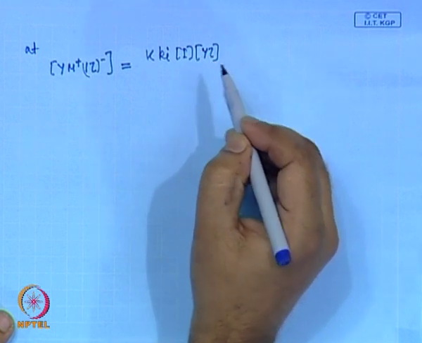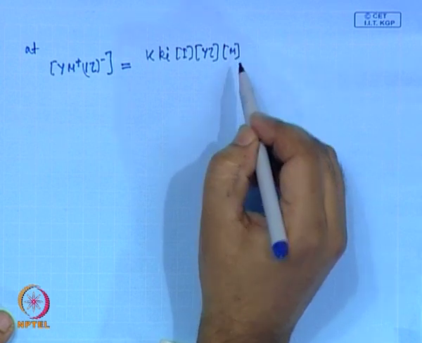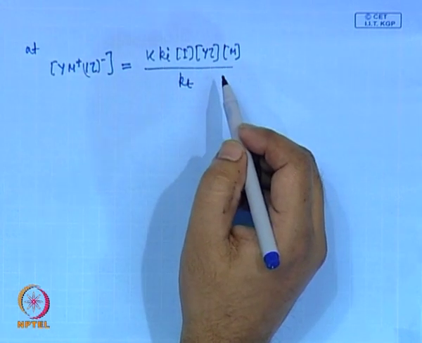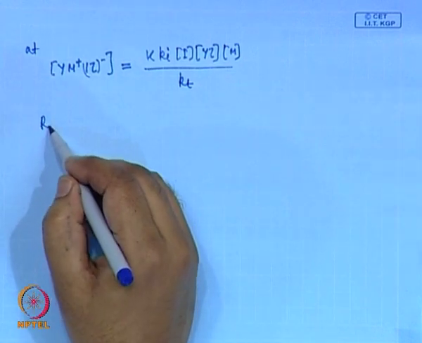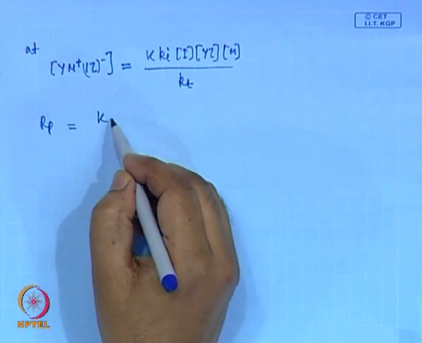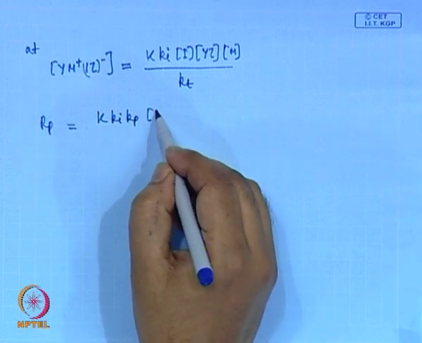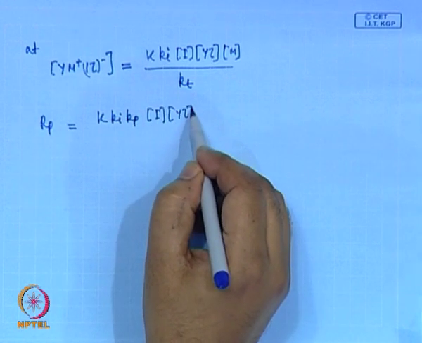We have used a similar approach in case of radical chain polymerization. So, we get this. So, Rp similarly can be obtained: Kp K I Y Z.